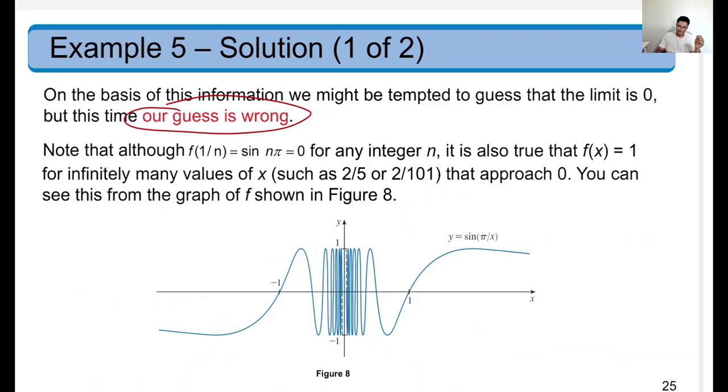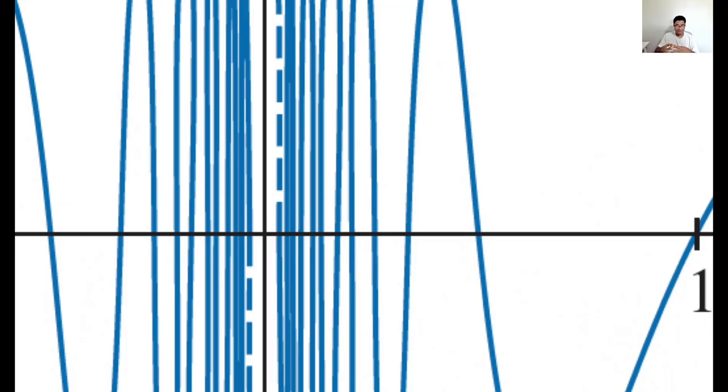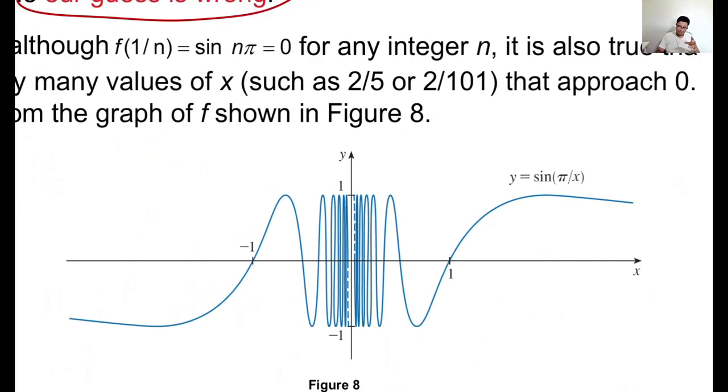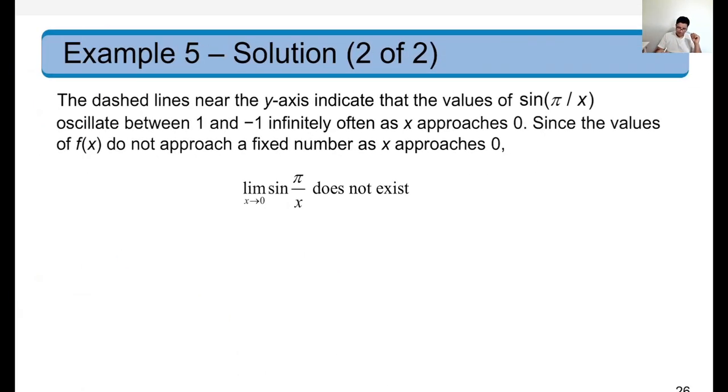So you might say the limit is 0. But the point is, between those values it was taking all other possible values between 1 and -1, right? So you're not getting a stable output. So the limit doesn't exist. Okay, that's the conclusion.